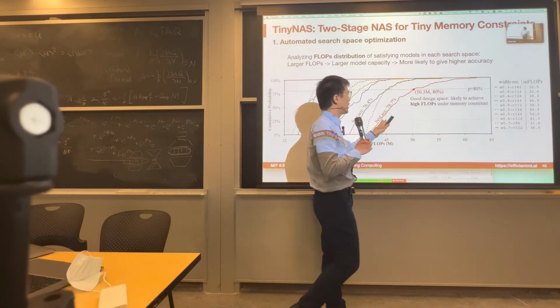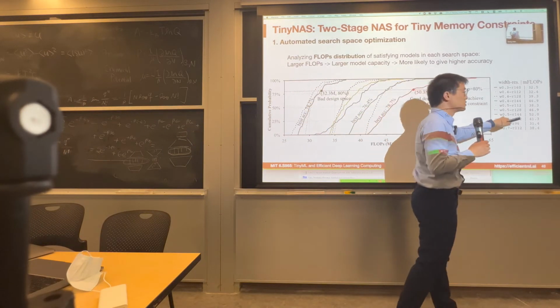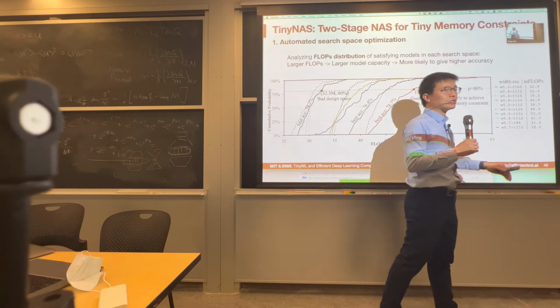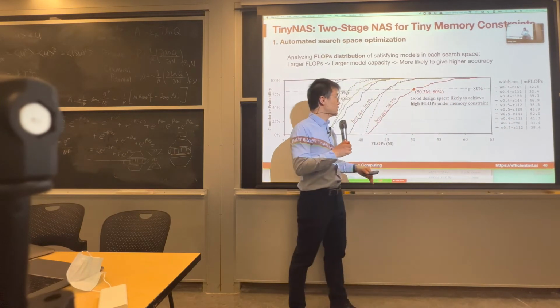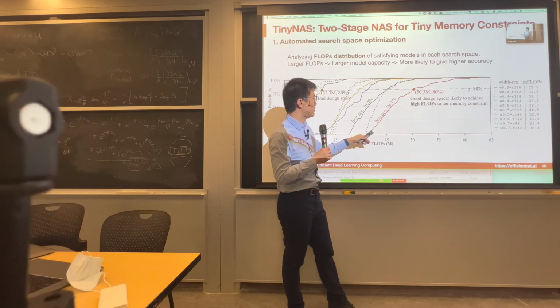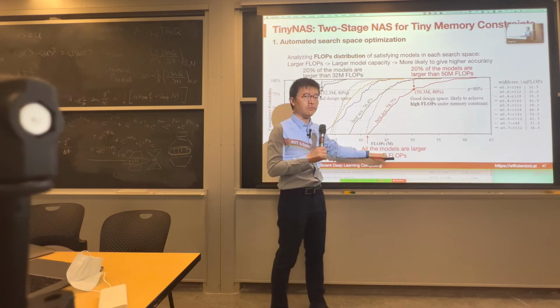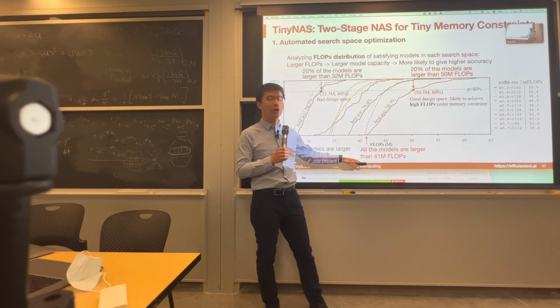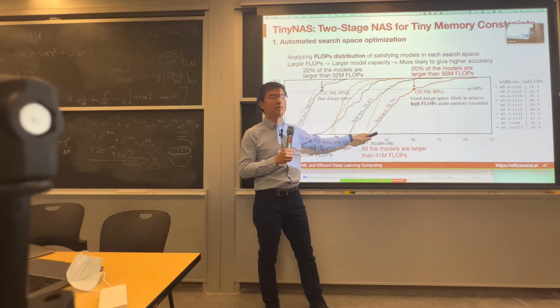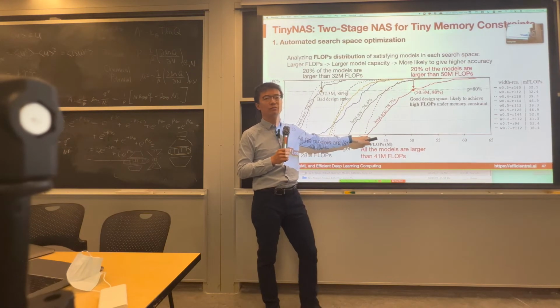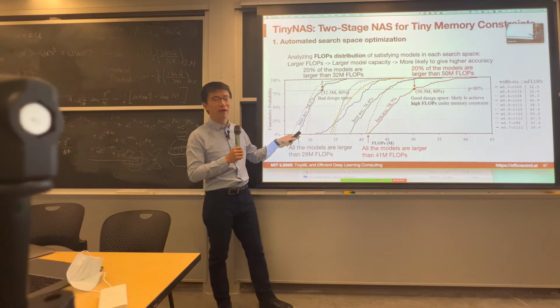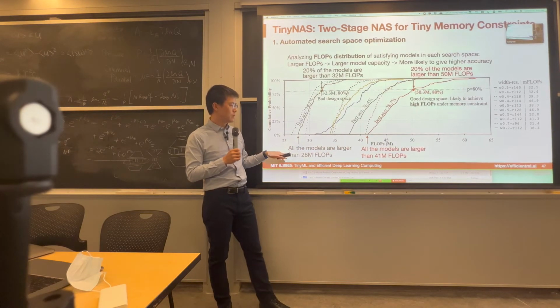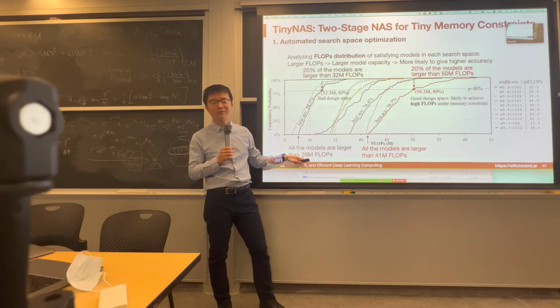For this red design space, which is width of 0.5, resolution of 144, we can see pretty much all the models are larger than 41 million FLOPs, which is pretty good. However, for a bad design space like this, all the models have only 28 million FLOPs.